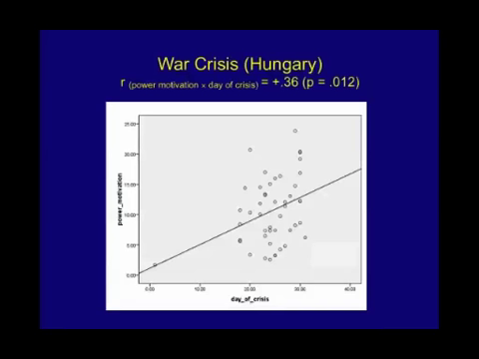The p value, the probability of getting a correlation that large, if there were no real relationship between these two variables, that probability is slightly greater than 1 in 100, or 0.012. We could say that this is a significant correlation, moderate but still significant, unlikely to have occurred by chance.